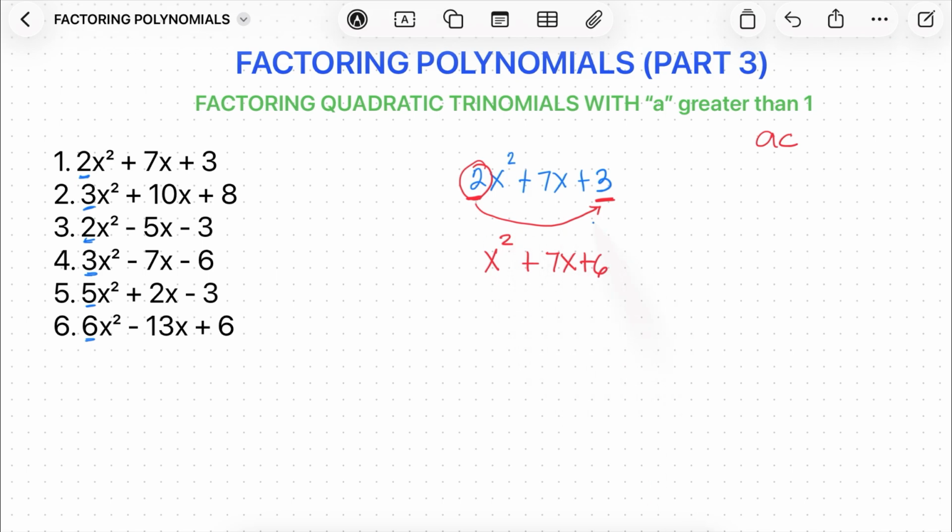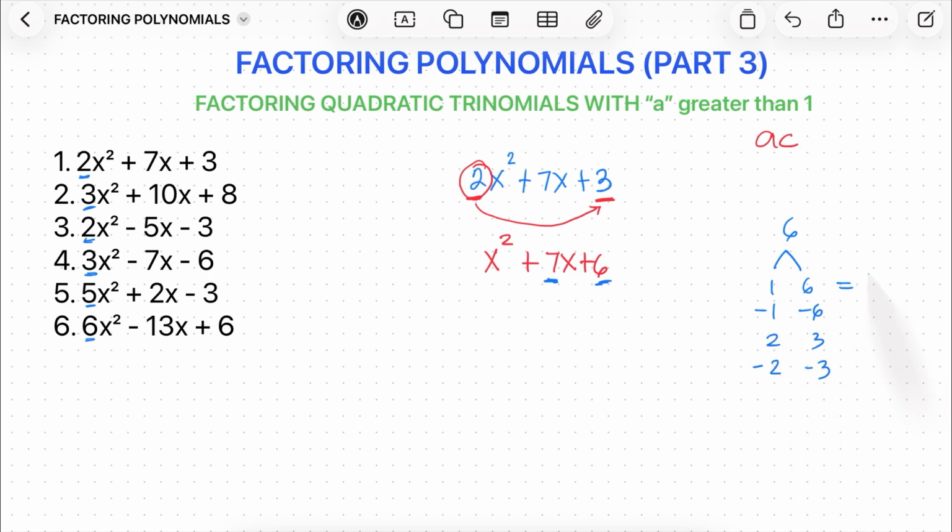This already became a polynomial whose a is equal to 1. So in our previous video, we discussed how to factor quadratic trinomials with a equal to 1, and we're going to apply that same skill here. So find factors of 6 that if we add is positive 7. So we have 1 times 6, negative 1 times negative 6, 2 times 3, negative 2 times negative 3.